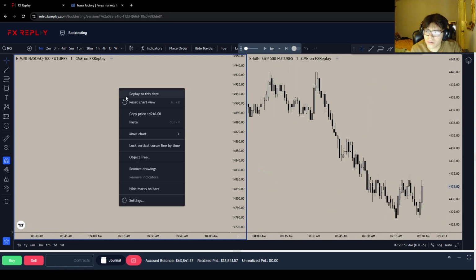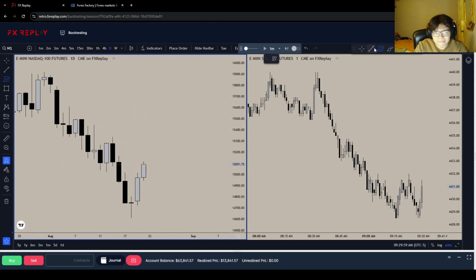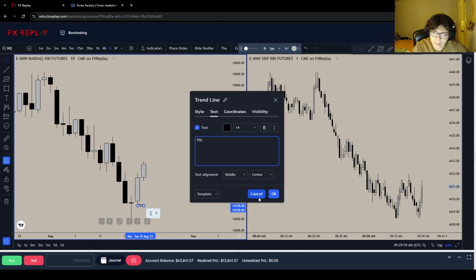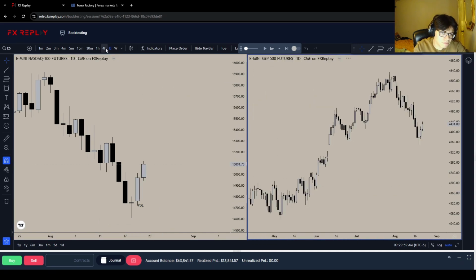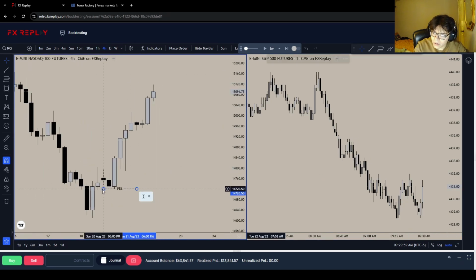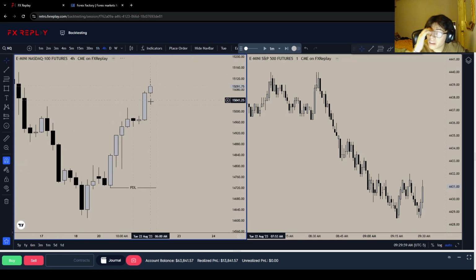Skip one more. Here's 10 a.m. Previous day's low. We already did previous day's high. Let me make sure. Yes, it did as well. So I'll hop onto the 4-hour, make everything look nice and neat. Okay, so we're trading, right?